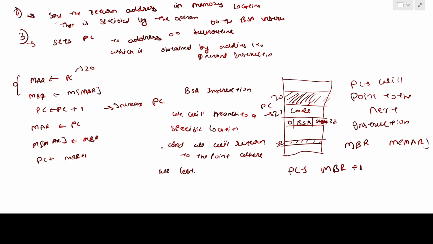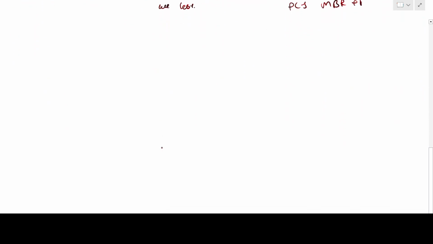So MBR plus 1. The 21st code tells us to go to the 32nd line, but afterwards we'll come back to this line and perform whatever task was given to this line. So this is our second code. Now we'll be back out.